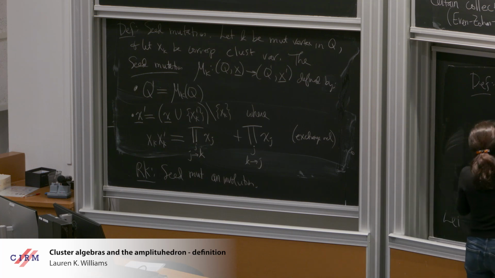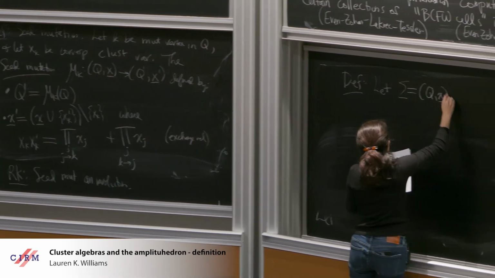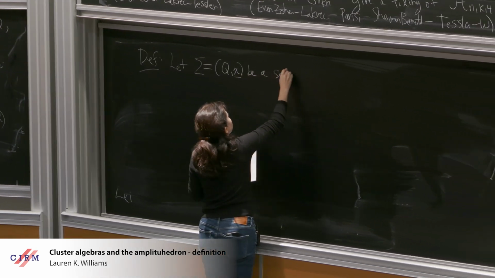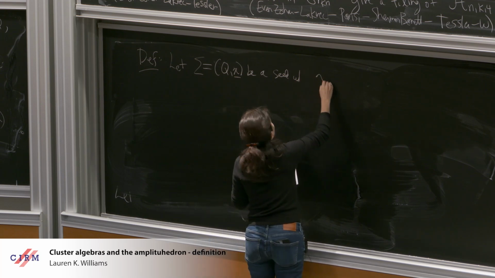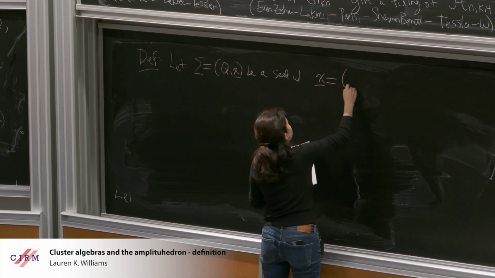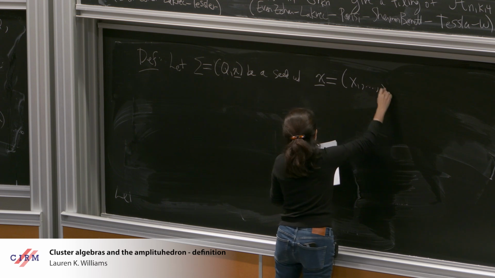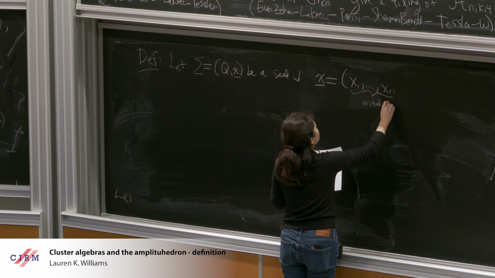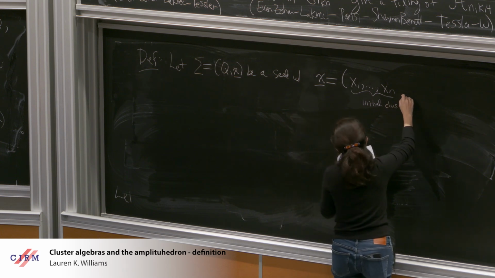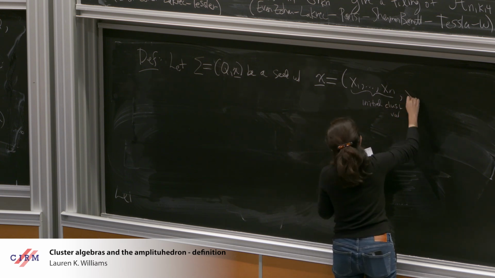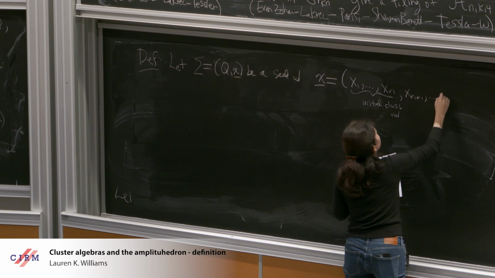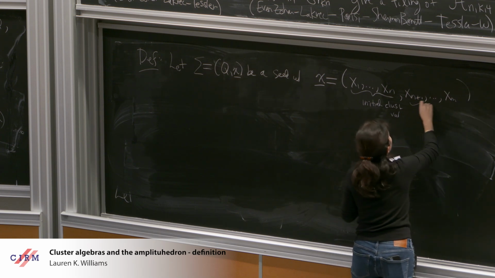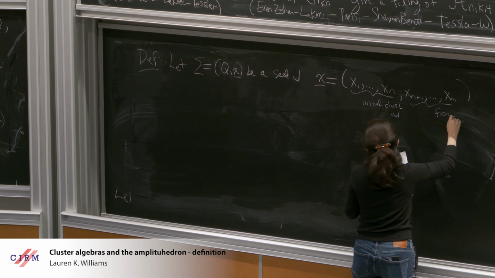So we can let sigma be a seed with my extended cluster equal to some set of mutable variables called initial cluster variables, together with the frozen cluster variables.